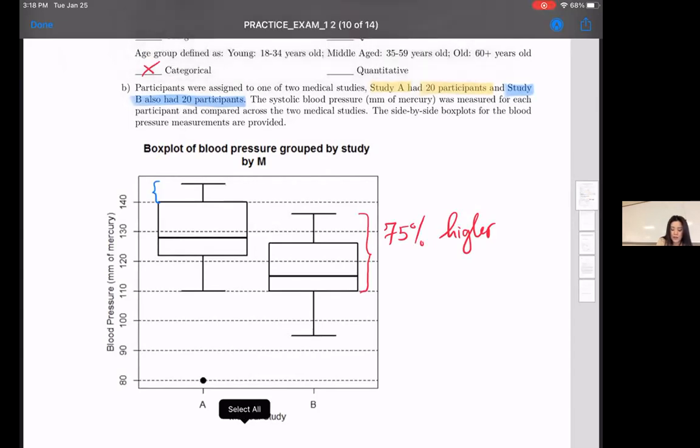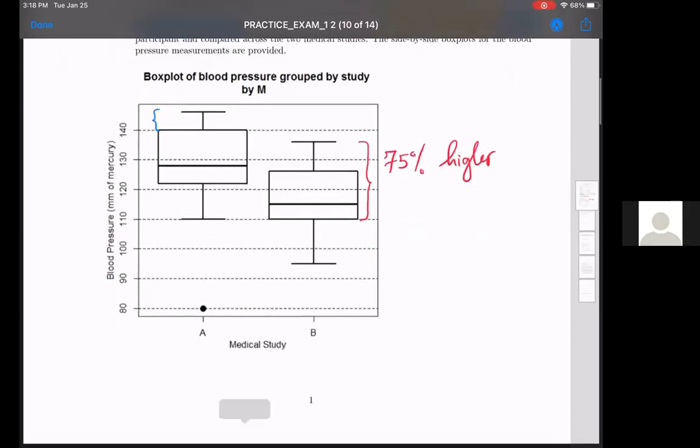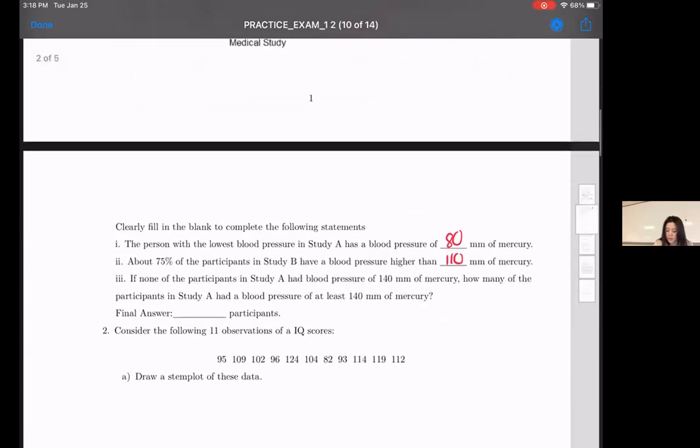So how many percent? 5. Any suggestion? How do you come up with 5? It's 25% of the 20 participants. Very good. That's why I highlighted the number 4. So 25% of the 20 participants.